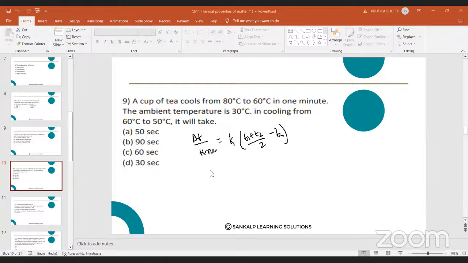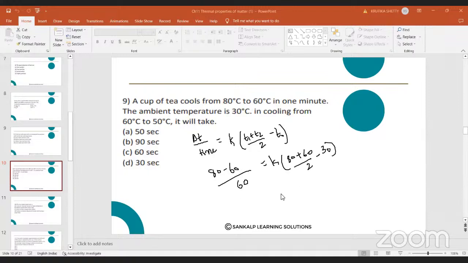So change in temperature is 80 minus 60 divided by 1 minute is equal to K into bracket 80 plus 60 divided by 2 minus 30.